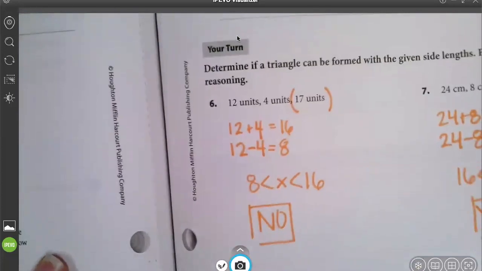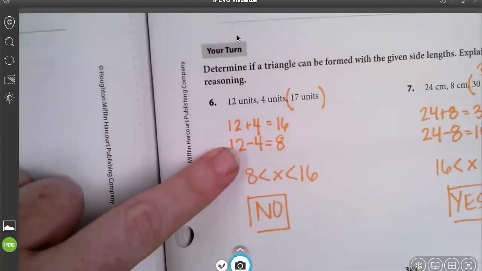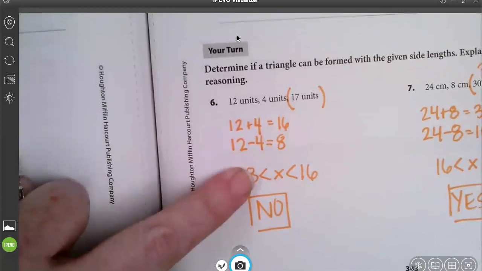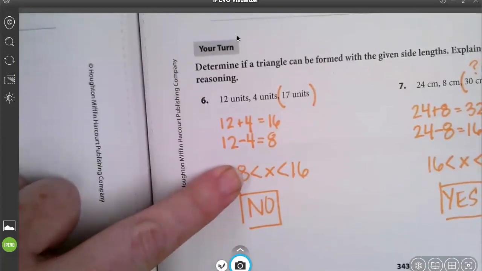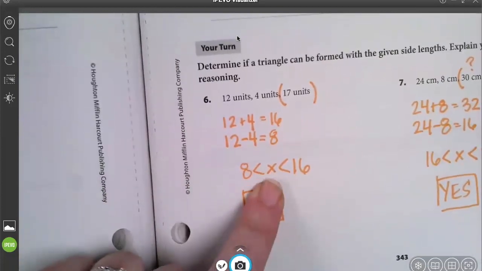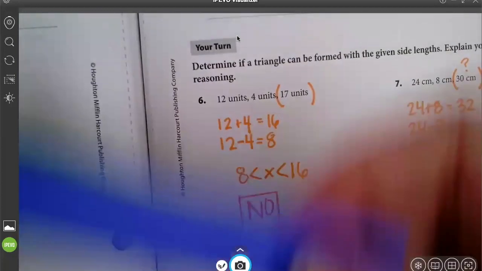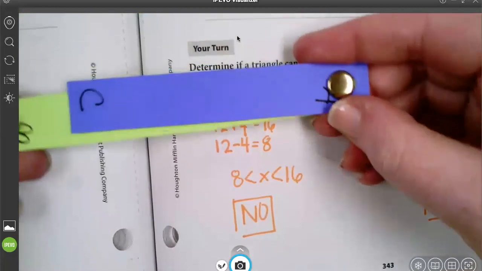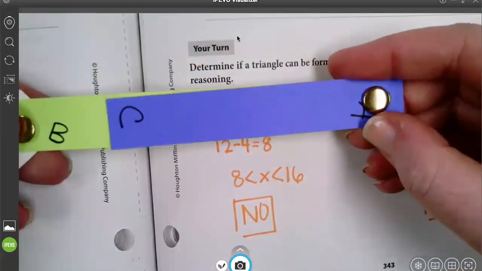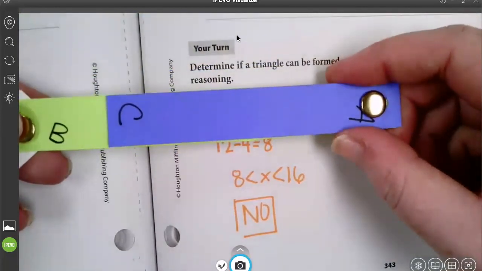We also talked about how the difference has to be less than that side as well. What the difference represents is the two sides folded all the way closed so that there is a 0-degree angle right there.